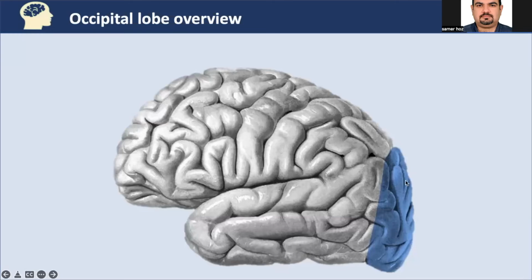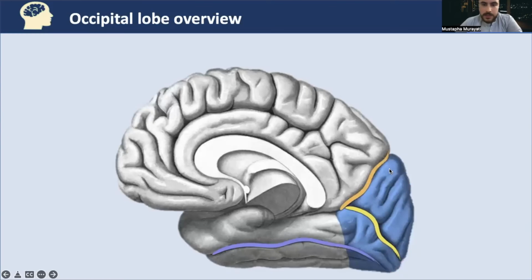Okay. Thank you. The occipital lobe, we'll start reviewing the surface anatomy. We have the lateral occipital sulcus dividing the occipital lobe into superior and inferior occipital gyri, and we have the middle occipital gyrus over here.